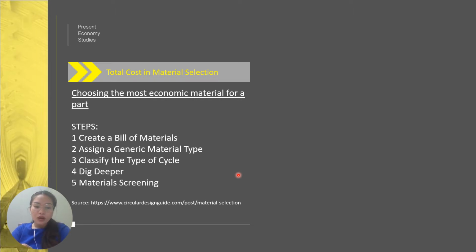Once you have seen all the parts in the list of your product, you identify the materials that make up each part. And then that's the time you can put an option. So for example, take that part, whatever part of your product it is, you can assign a generic material type.